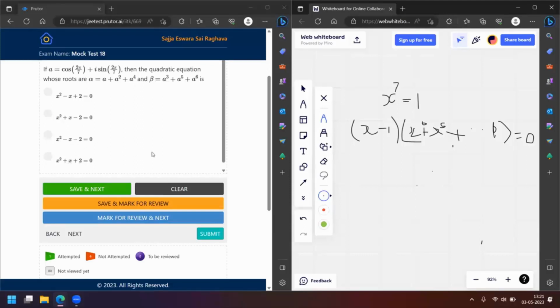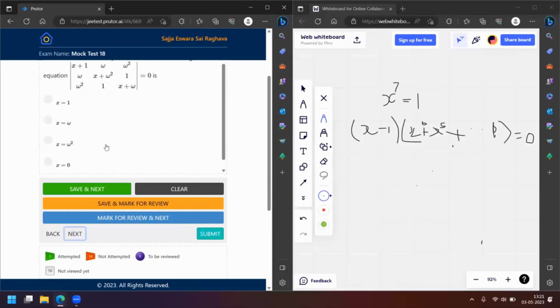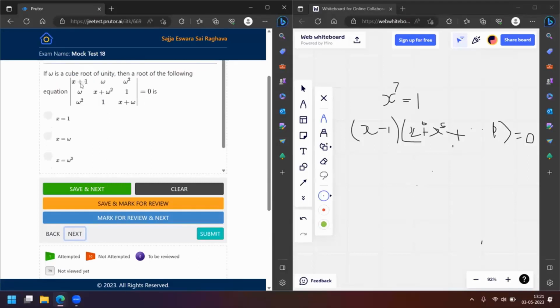Now we move to the other question. Here it is given that omega is a cube root of unity. We have to find a root of the determinant of the given matrix. Intuitively, if you put x equal to 0, we get the rows 1, omega, omega square; omega, omega square, 1; omega square, 1, omega.